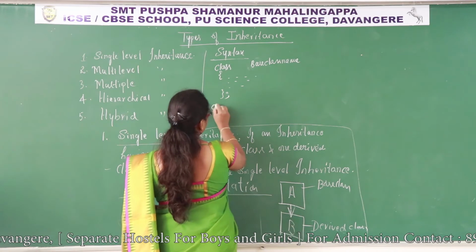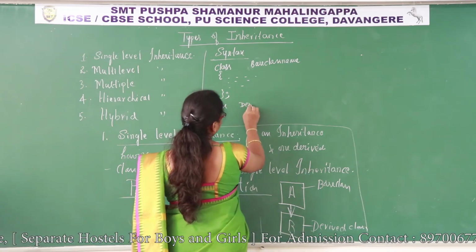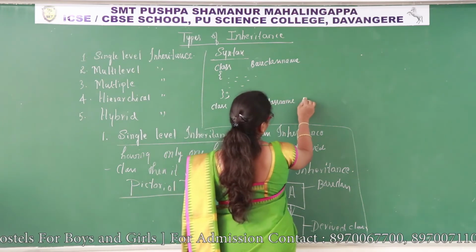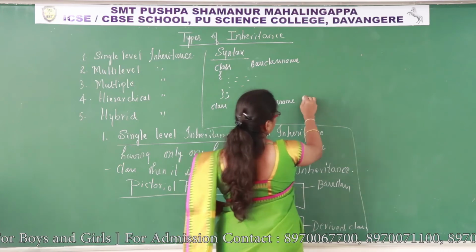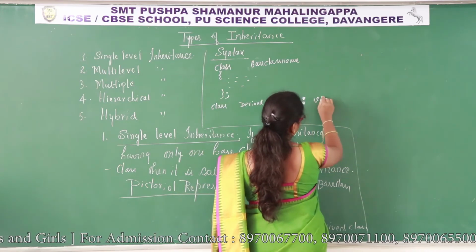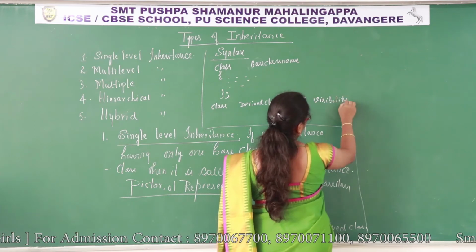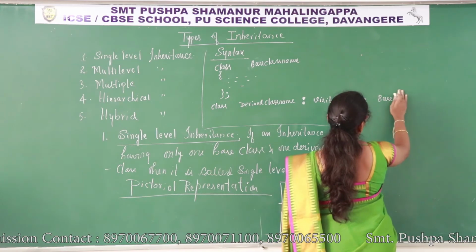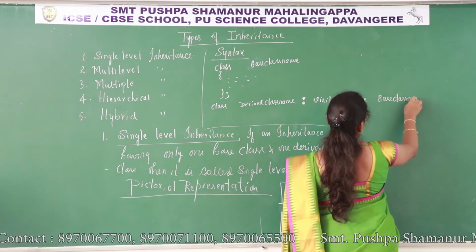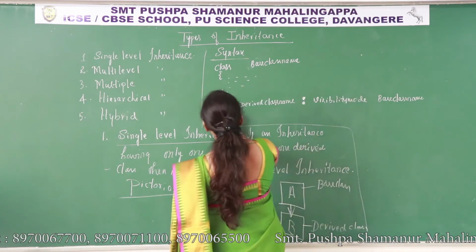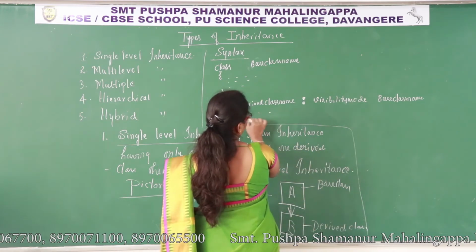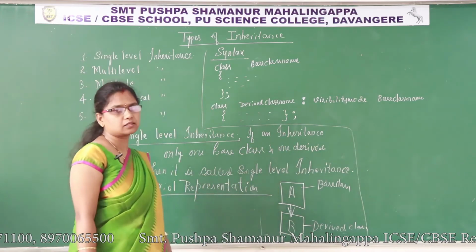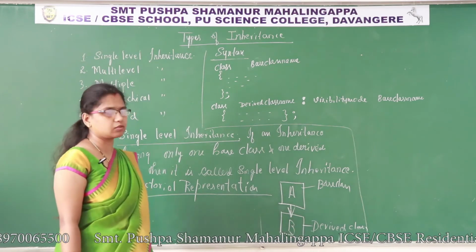And class, derived class name, colon, it must be colon, visibility mode, base class name, open flower bracket, some properties and close, semicolon. So this is single level inheritance, and it would be the general syntax for inheritance also.